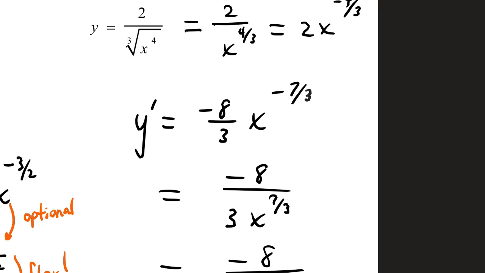And then the rest is history. If you want to move this to the denominator, go ahead, move it down with the 3, but make sure your power changes sign. And then if you really want to flex, that's cube root of x to the 7th power. That's really just icing on the cake.